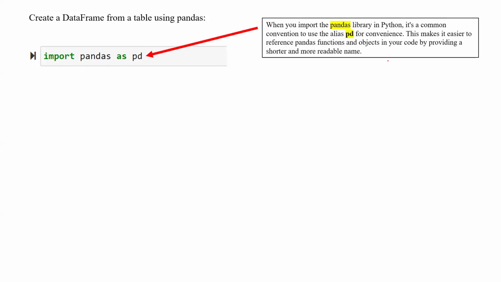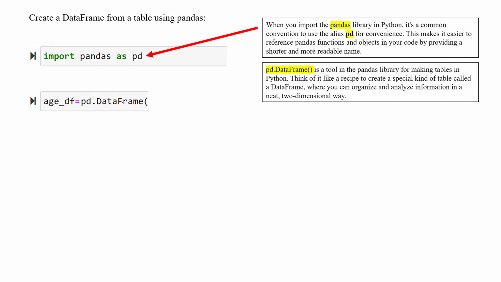name. Next, we're going to define a data frame. So this age_df, df represents the data frame. It's going to be pd.DataFrame, and please note the capital letters D and F. The DataFrame here is a tool in the pandas library for making tables in Python.